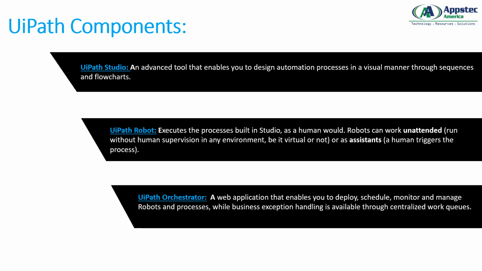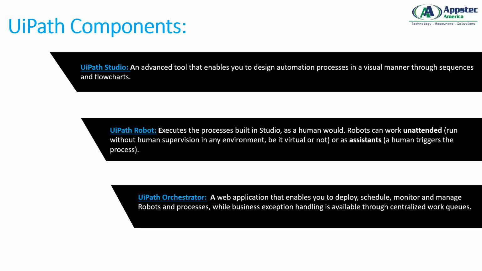Either it's an unattended bot, which is scheduled on a server level and does not require any human intervention, or an attended bot, which needs a human trigger to get executed. Orchestrator is a web application of the UiPath platform which enables you to deploy, schedule, monitor, and manage your bots, your robot processes, your exceptions, and everything as a centralized package over the web.